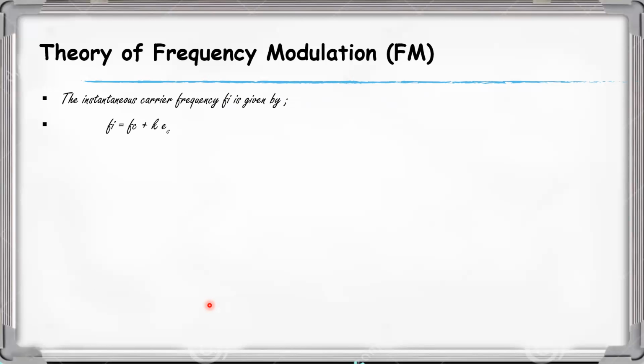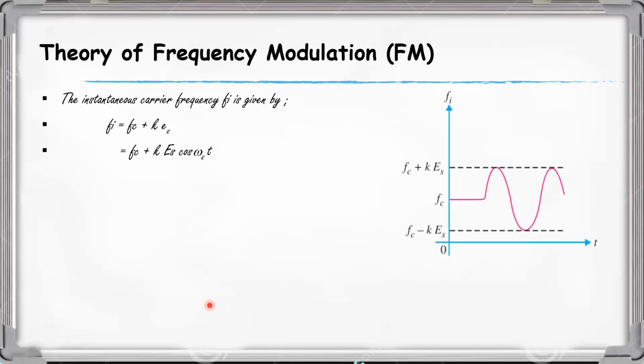Then the instantaneous carrier frequency Fi is given by Fi = Fc + k es. Then it is equal to Fc + k Es cos ωs t. Then look at the figure. The figure shows the instantaneous carrier frequency versus time.